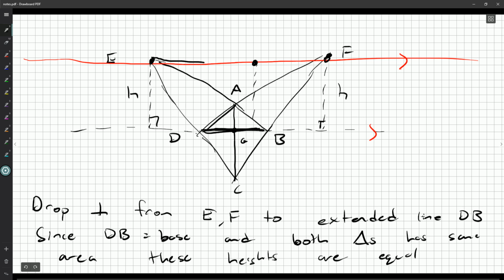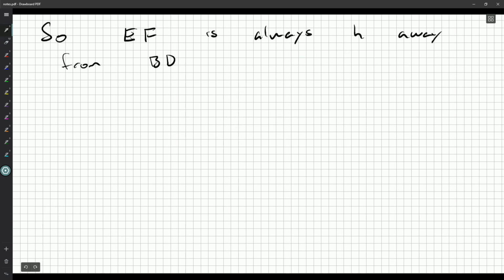That line would have to dip closer and then move away. That's not a single line. It could be some sort of curve, but not a line. So that's how we can say it. And if you want to, you can add that in. I think it's clear. So EF is parallel to BD as they're asking for, because we've got those two equal triangle areas and BD happens to be the common base.